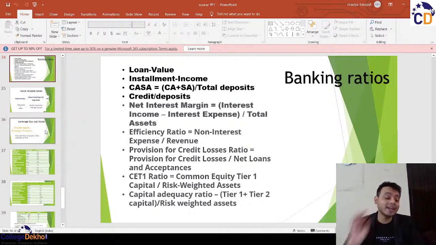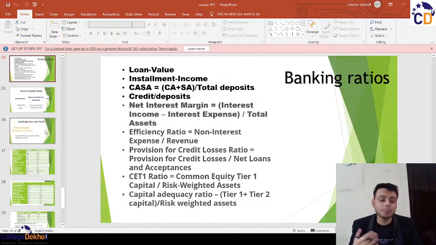I told you that these additional ratios are different, be it for the banking sector, the insurance sector, the pharma sector, the metal sector, or oil extraction companies as well. These ratios differ, and these are the additional ratios that you must know about.